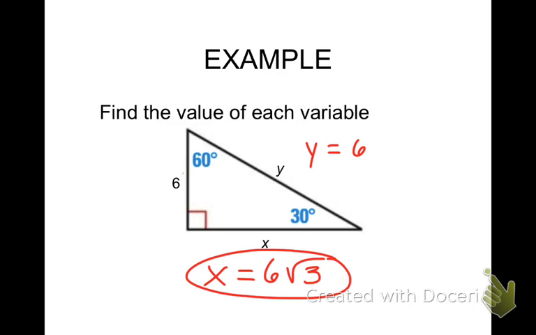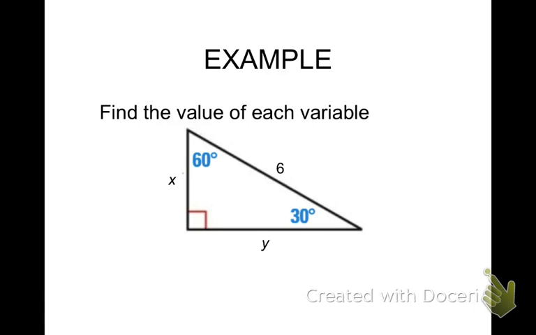Multiplying it by 2, which gets us to 12. So y would be equal to 12. So given a short leg, that's going to be the easiest scenario for a 30, 60, 90. All right, let's look at the next one and see what's happening.